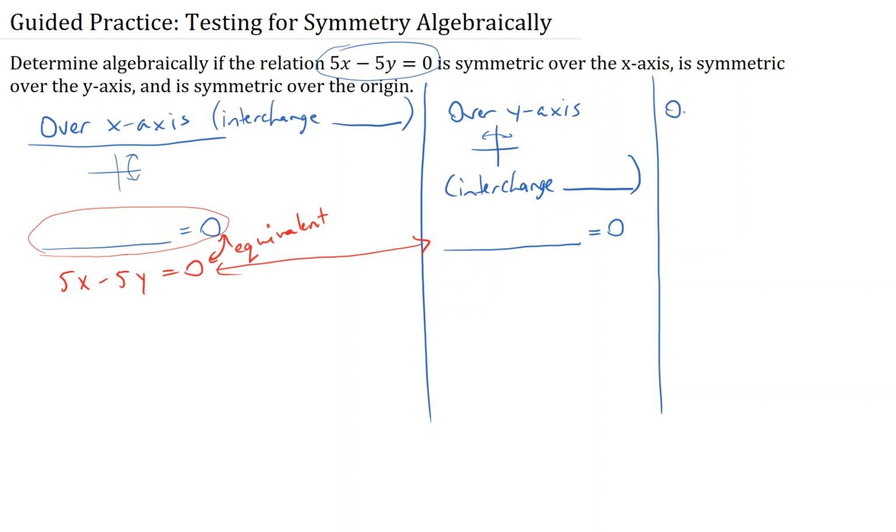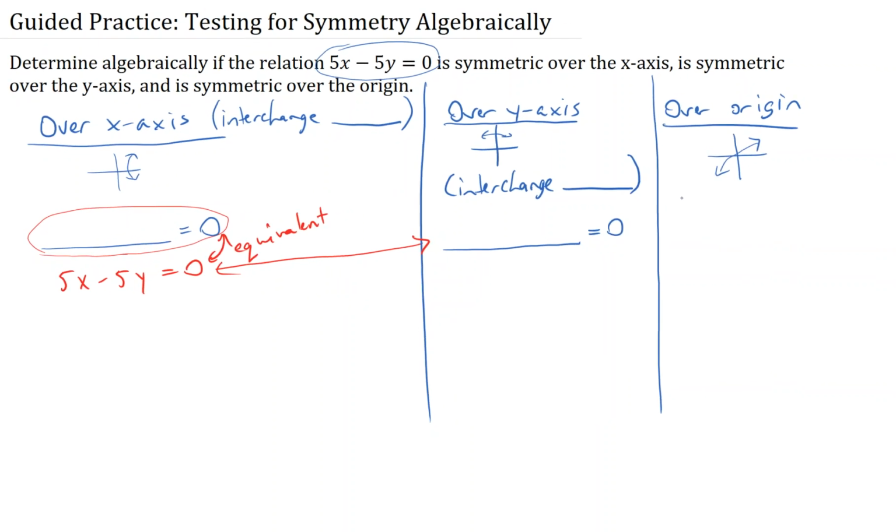Now let's test if it's symmetric over the origin. So over the origin, you're going to do something like this. So what are we going to interchange over the origin?